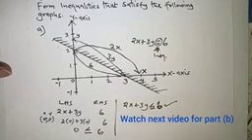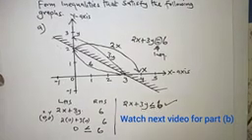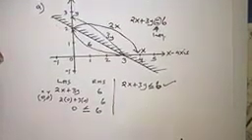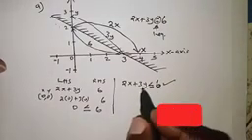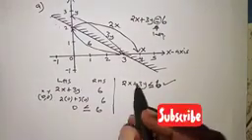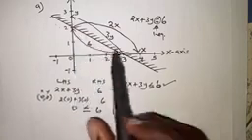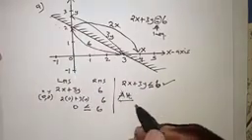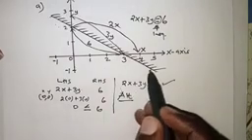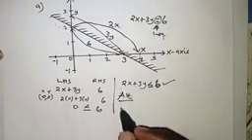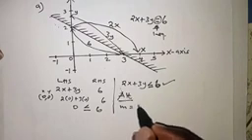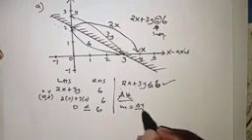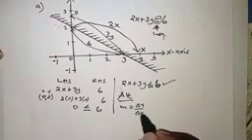And the other way, which is very common, is to determine the gradient of this line. Alternatively, we determine the gradient of the line, and the gradient is usually given by change in y all over change in x.